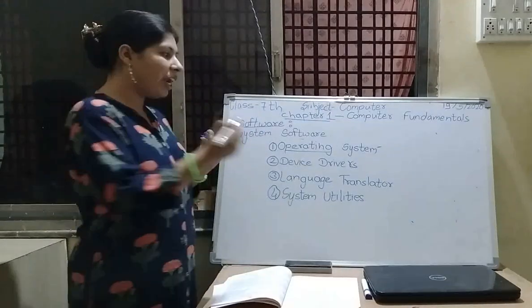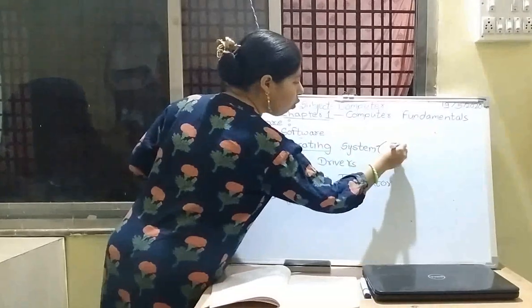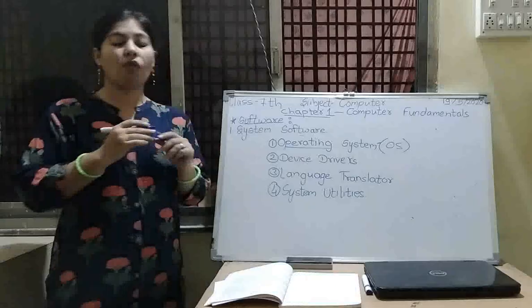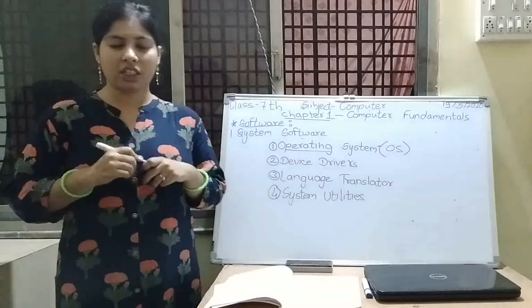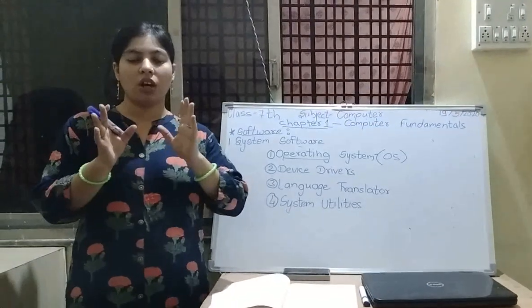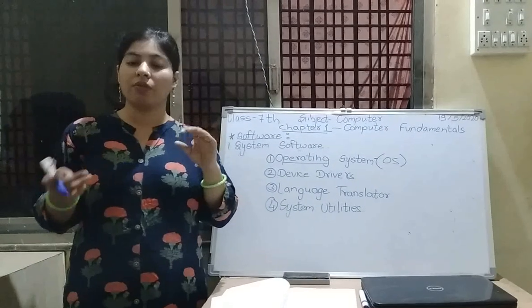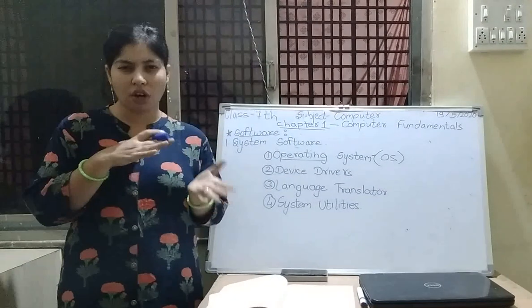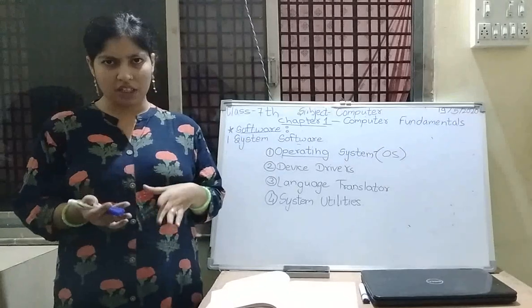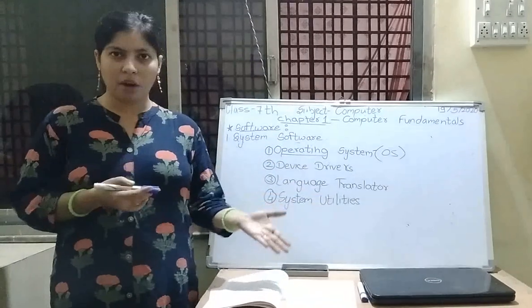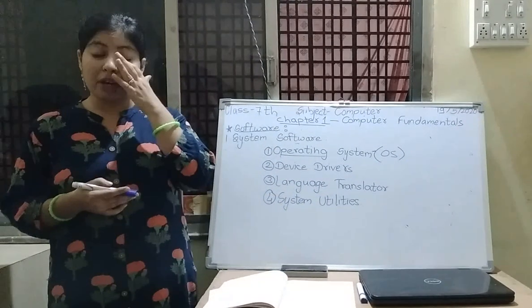Now, operating system in short we call it OS. You all know what is operating system. If the operating system is not installed on any of our devices, like mobile, computer, laptop, what will happen?